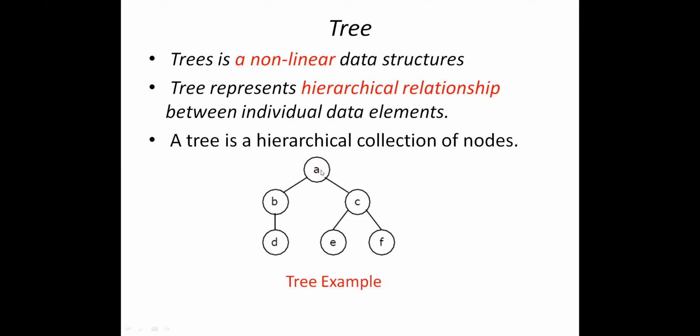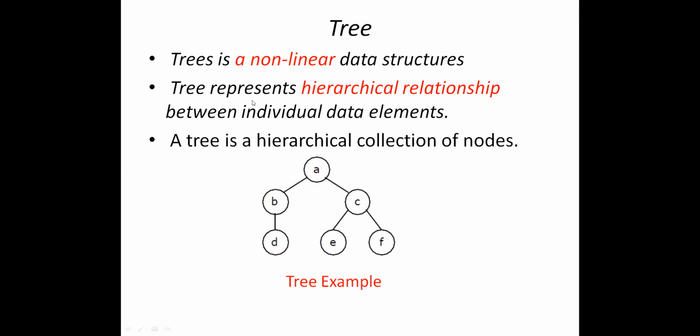This tree consists of some nodes. A tree consists of several nodes. Here we have node A, node B, C, D, E, F. So these are all nodes in the tree. So tree is a non-linear data structure.